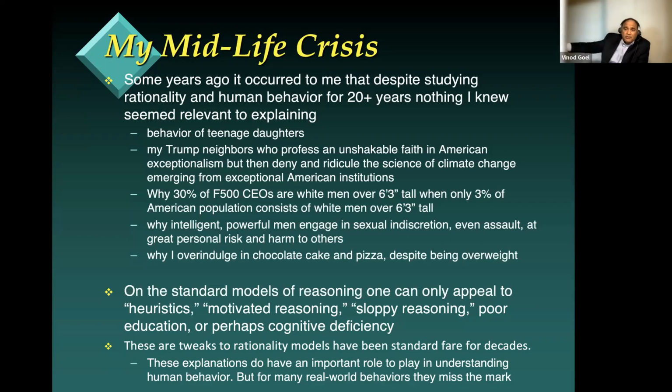It's not that I'm throwing them away. But for many real-world behaviors, perhaps the most interesting ones, they miss the mark. Once you are beyond syllogisms and the Linda problem, this type of model doesn't get you very far.